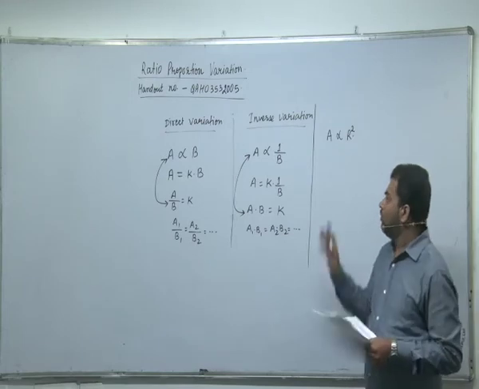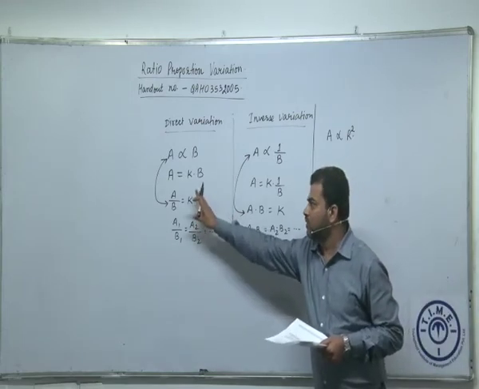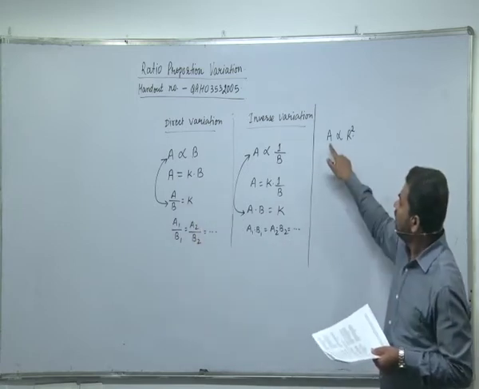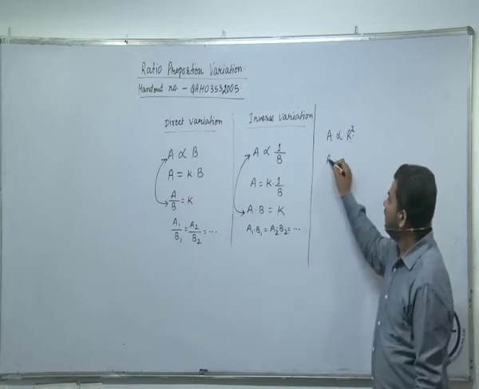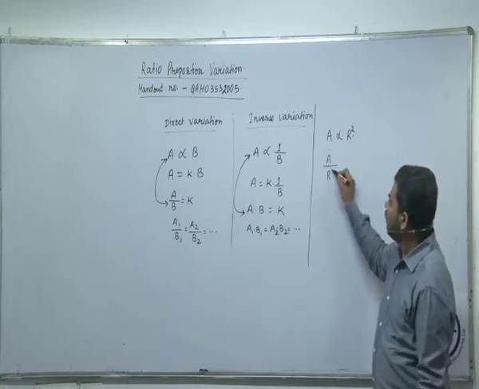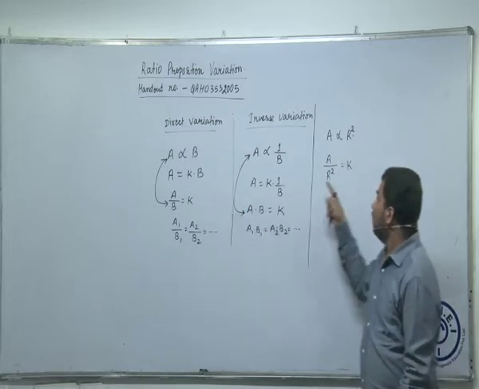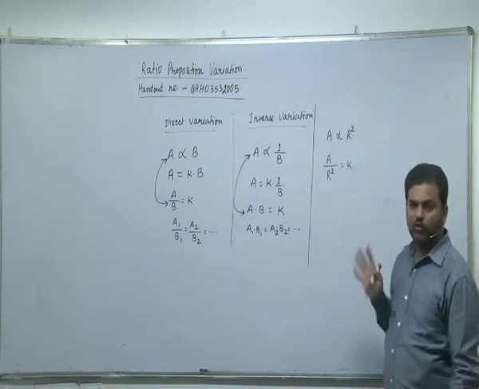Now, without getting into the equation solving part, which means using a constant, we can directly say, if A and R square are directly proportional, then their ratio is going to be a constant.